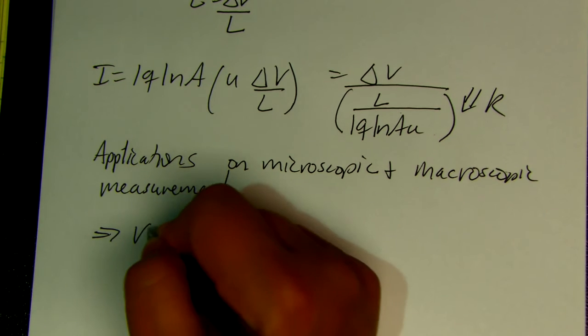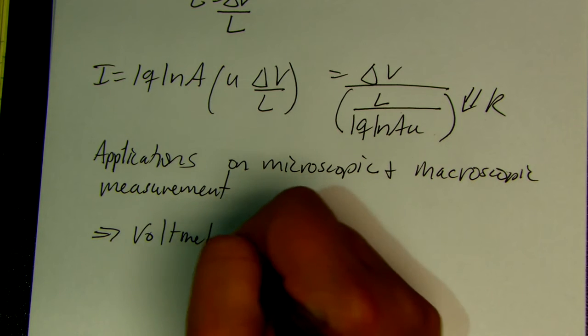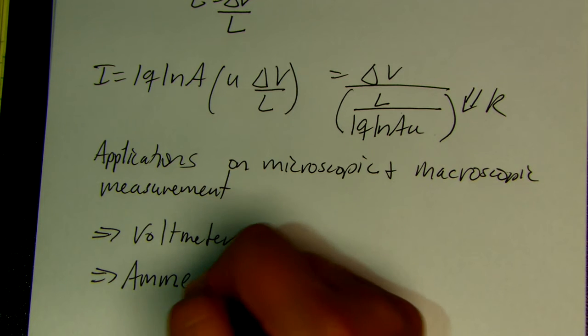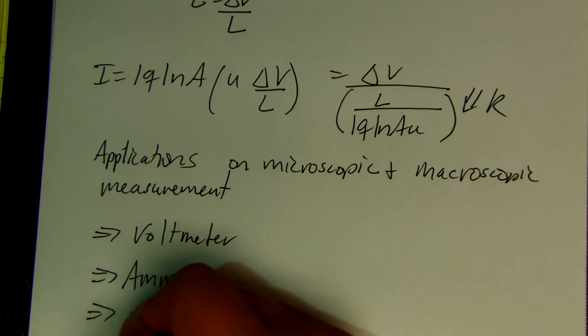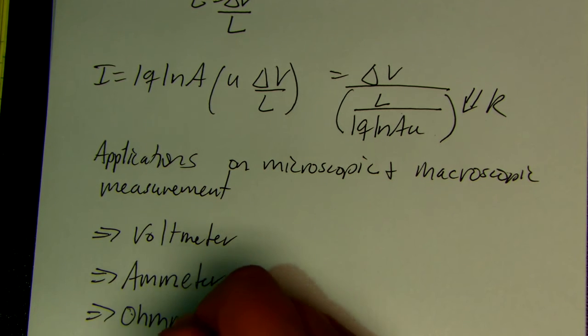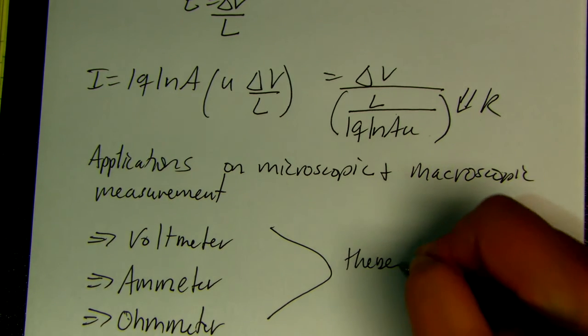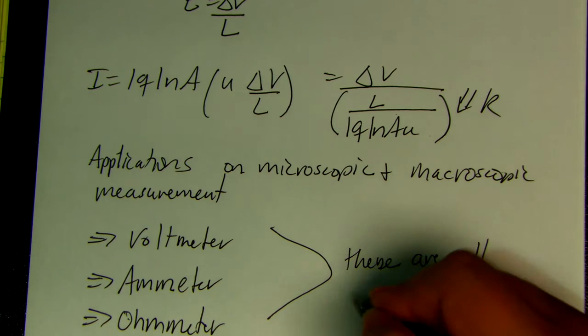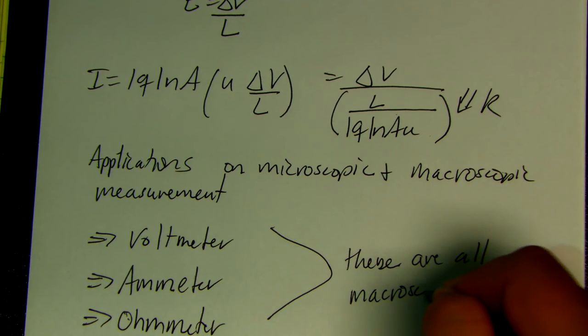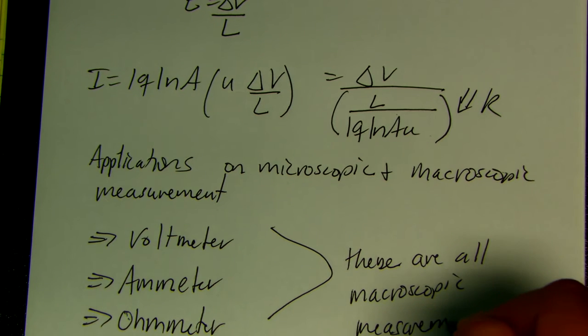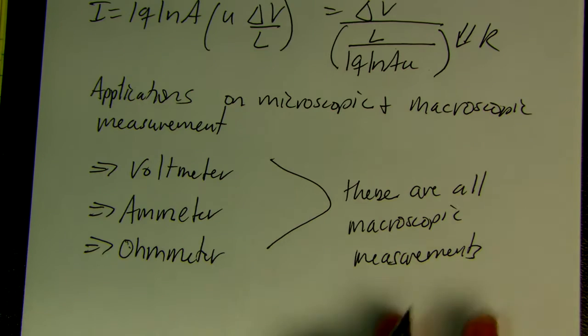So for example, a voltmeter, ammeter, and an ohm meter. These are all macroscopic measurements. And you could use the macroscopic measurements with these equations to then derive what's happening at an elemental particle level.